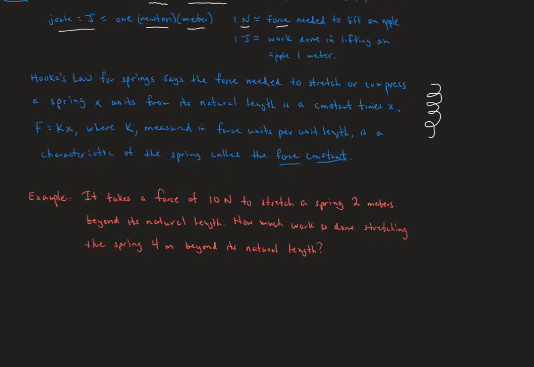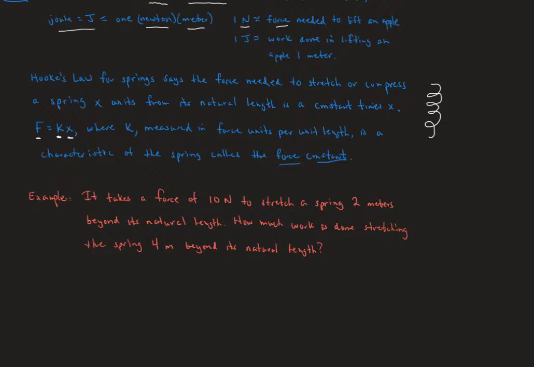So that is, the force needed is K times x, where K is going to be our force units per unit length. And that's a characteristic of the spring. Is it a really thin spring like a watch spring, or is it a really thick, stiff spring like something in a car? And that's called the force constant. And then the x is going to be our distance.